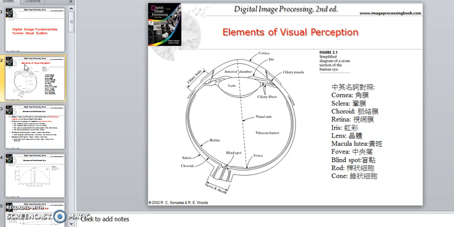When the light ray hits the eye, it will first pass through the cornea, then subsequently through the aqueous humor, iris and lens, and vitreous humor before finally reaching the retina.